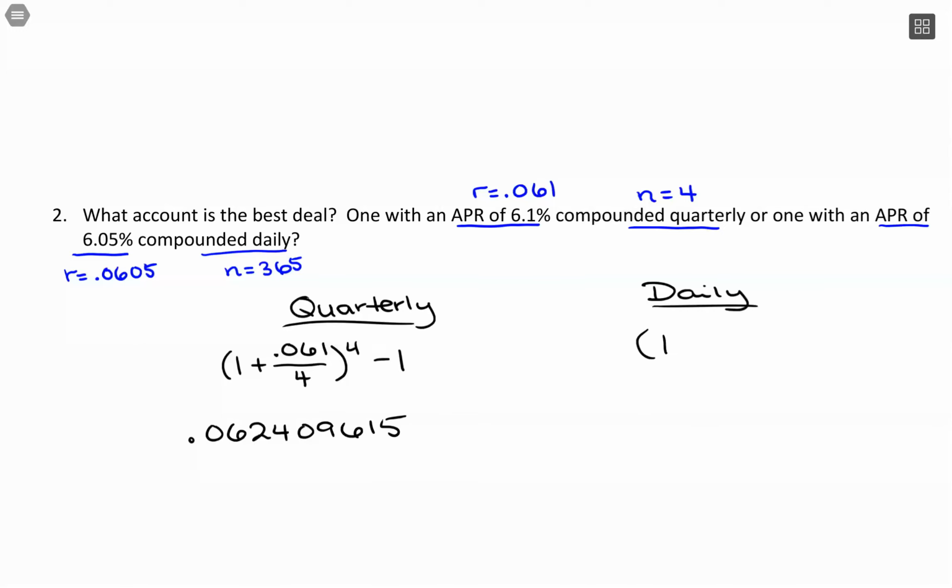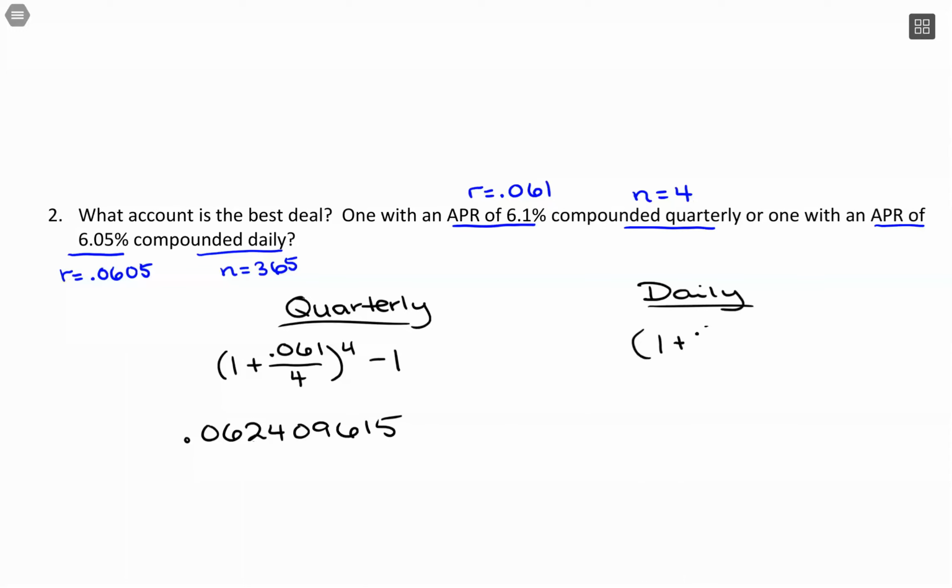And then for compounded daily, 0.0605 divided by 365, raised to a power of 365 minus 1, and then just copying from the calculator as much as I can. Because what you'll see is they're similar in that like 6.2%. Here we have a 4 that would round to a 4.